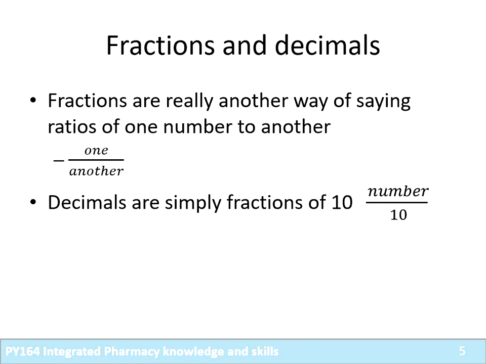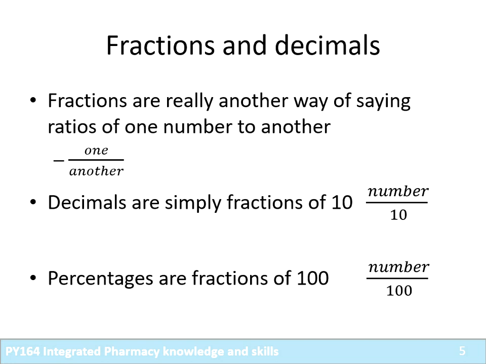Well, actually, they're just fractions, but they just happen to be the number divided by 10, and percentages, similarly, are just a fraction, but making sure the denominator, the bottom number, is 100. So whatever number you have to manipulate, whatever fraction you have, you manipulate it so the bottom number, the denominator, is 100. And that gives you your top number is your percentage.